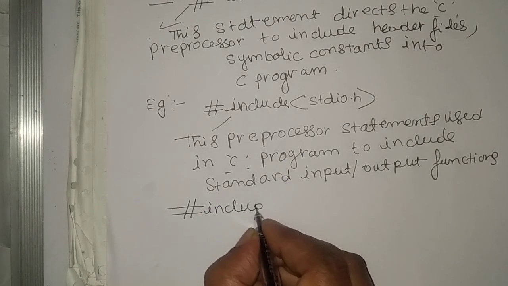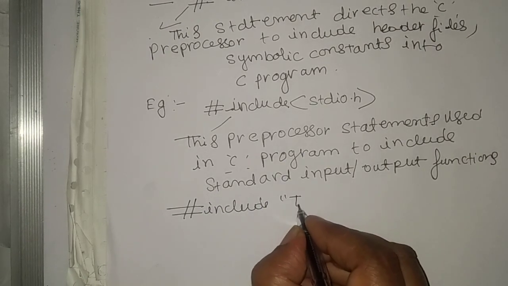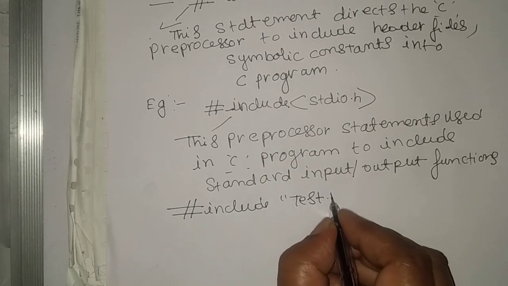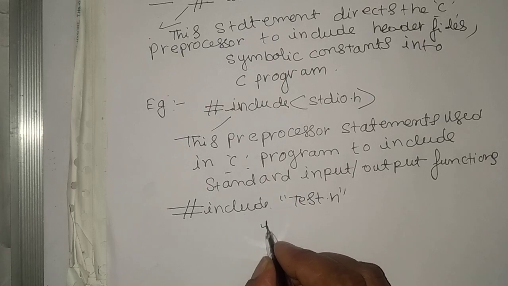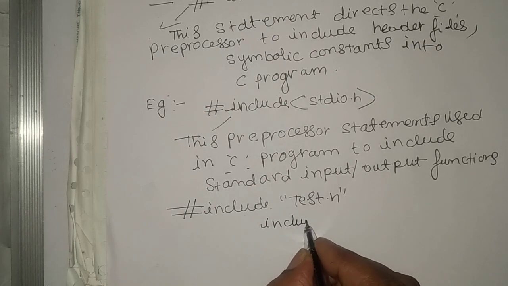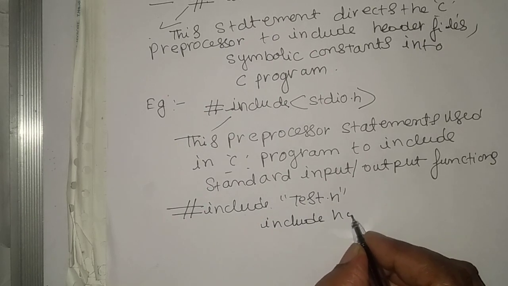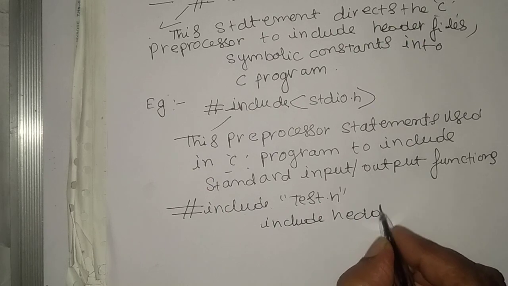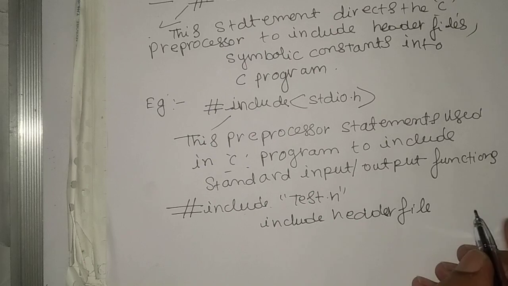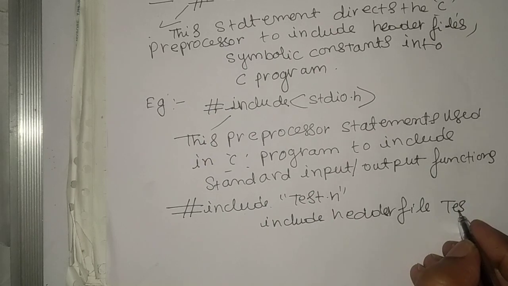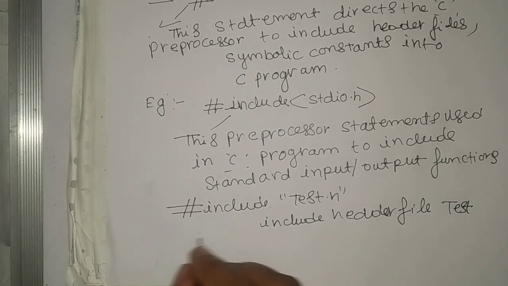Now we'll take an example. Hash include test.txt. So what is this preprocessor statement? It includes the header file test into the C program.